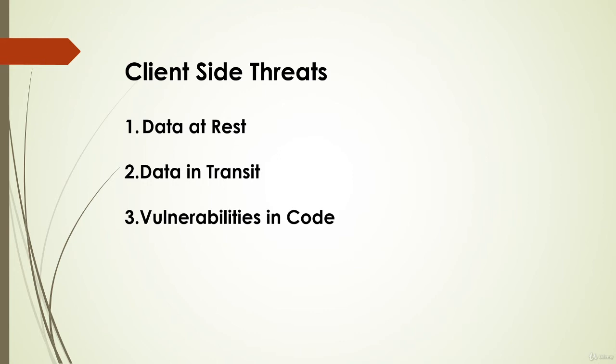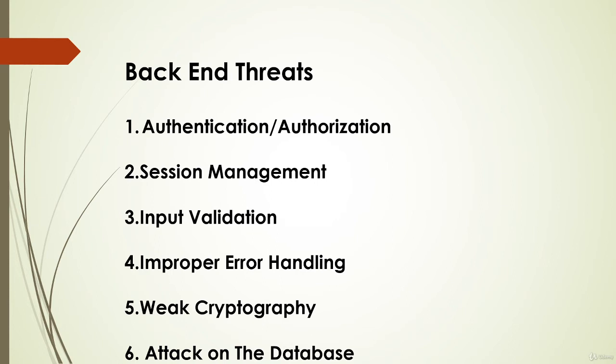Vulnerable code is basically when the app is not designed securely and there are vulnerabilities like SQL injection, cross-site scripting, and other vulnerabilities which are related to code or not following best practices while developing an APK or IPA. Now the backend threats are authentication and authorization.